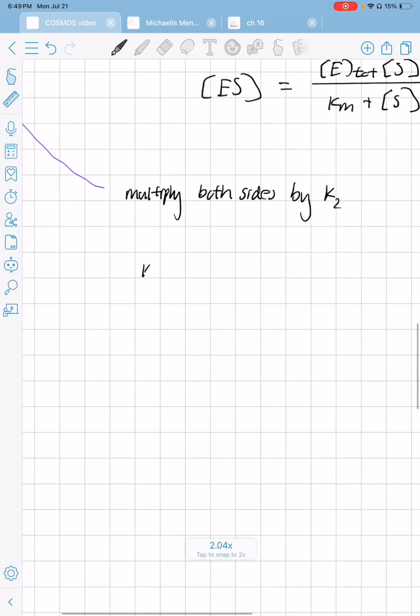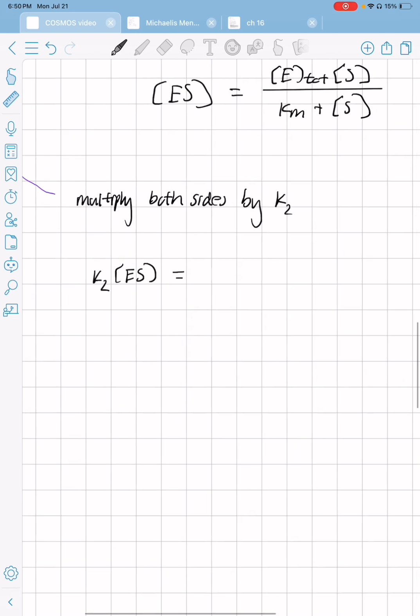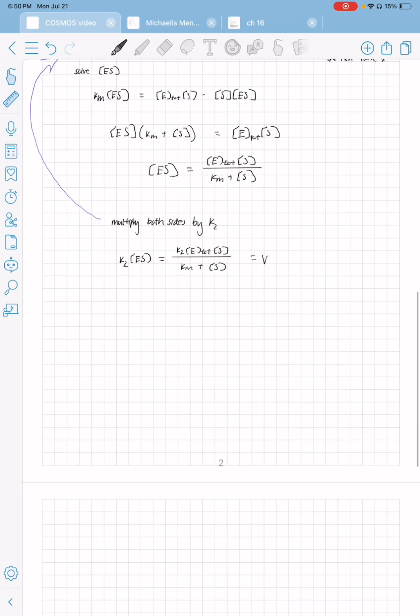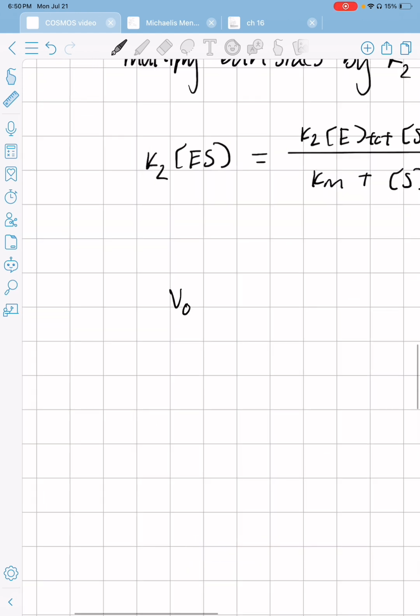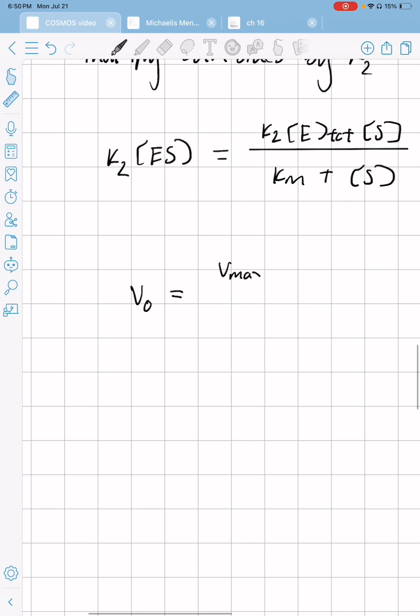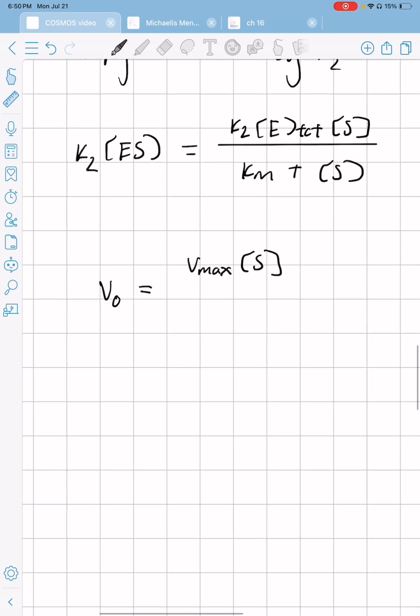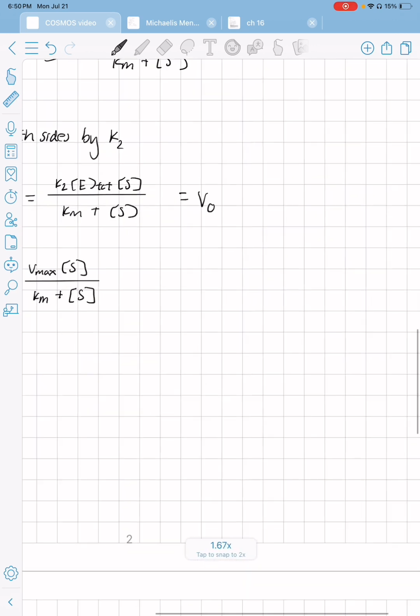And so now we have K2 times enzyme substrate concentration equal to K2 times E total times S divided by Km plus S. That's equal to V0. And so it actually simplifies into V0 equal to V max times concentration of substrate over Km plus S. And why does it equal V max?